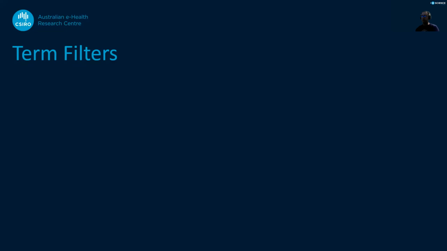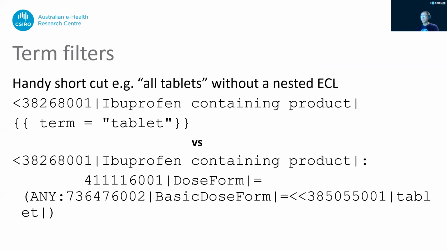And finally, term filters, which is something I haven't used as much. And I guess that'll become apparent as I go through some of the downside of it later on, but it is still really useful. I find them useful as a handy shortcut, particularly if you're just doing investigative analytics, exploratory analytics, and you don't want to write a huge query like this one down the bottom here.